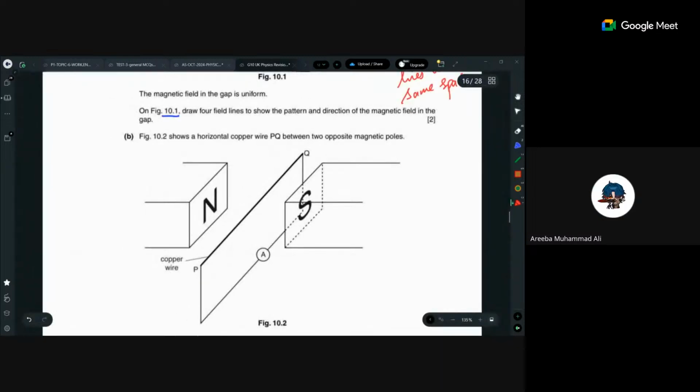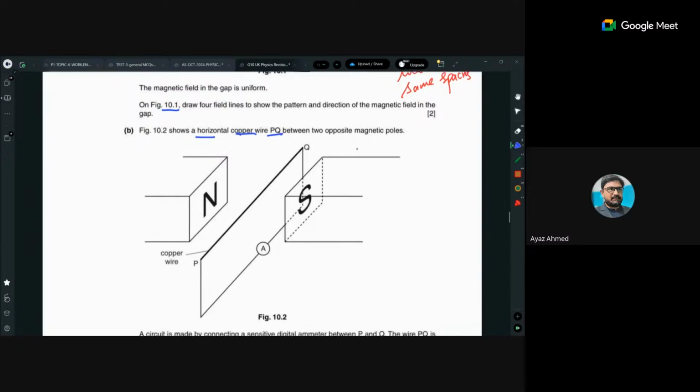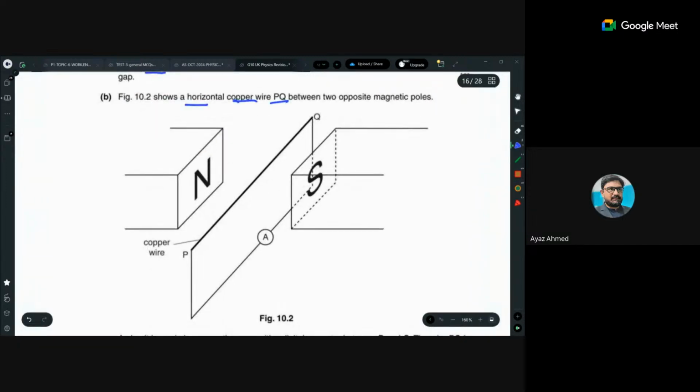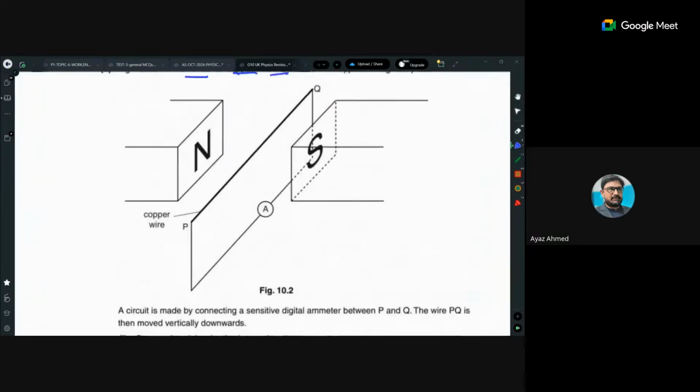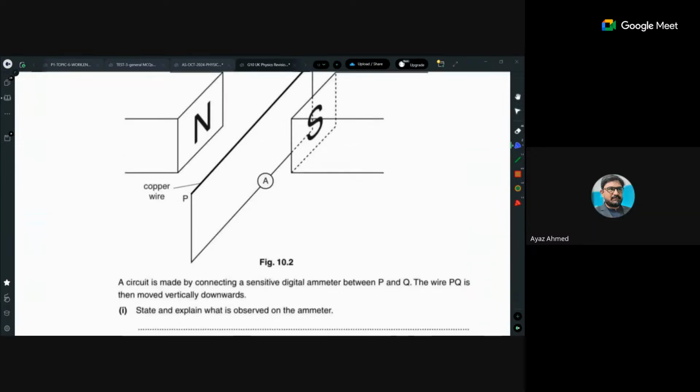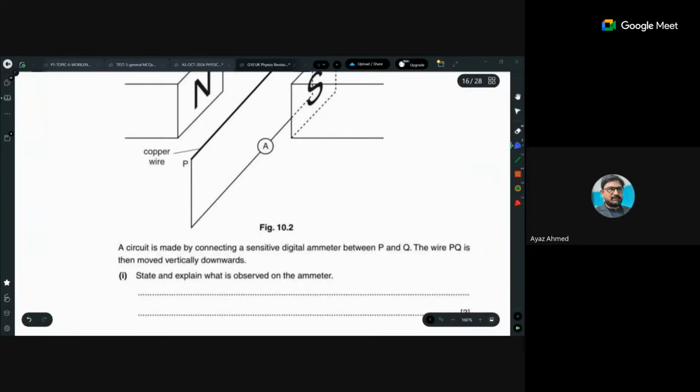Next, a horizontal copper wire PQ is placed between the two opposite magnetic poles, north and south, and there is a circuit with a meter. Look, there is no battery. Is it confirmed that there is no battery at all?